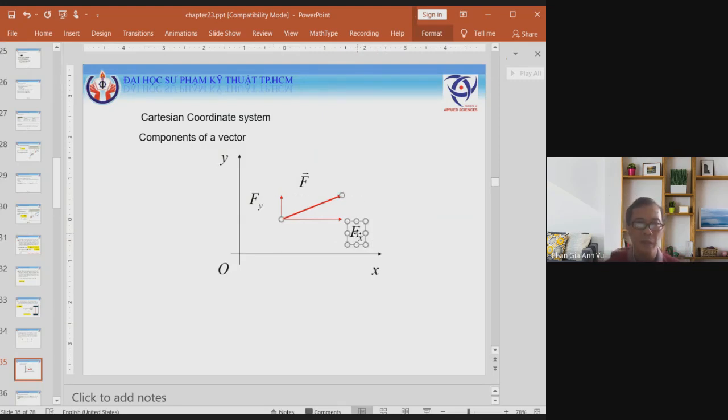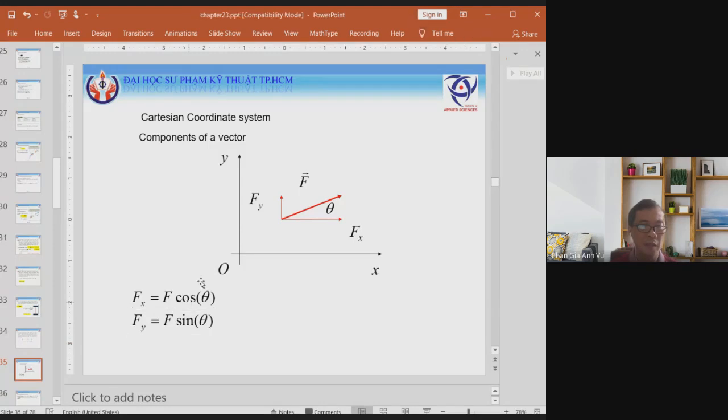Fx will be the magnitude of the force F multiplied with the cosine of the angle theta. What is the angle theta? The angle theta is this angle, the angle made by the force vector F with the horizontal x, and then Fy is F sine theta.